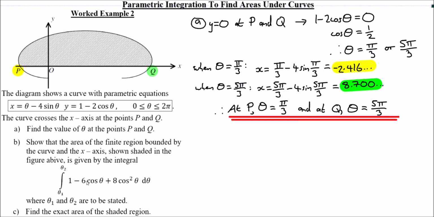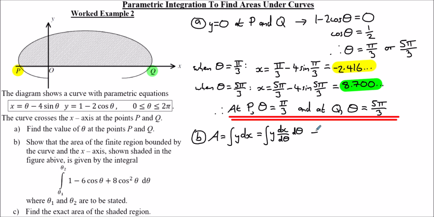So we need to prove that the area is given by this integral here. So for part B, the area, of course, is going to be the integral of y dx. What we need to do first of all is to find dx by d theta. So I can say this is the same as y dx by d theta times d theta.